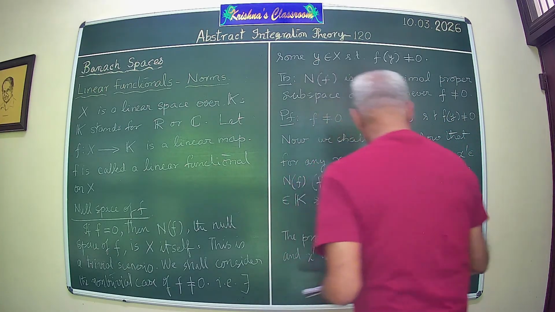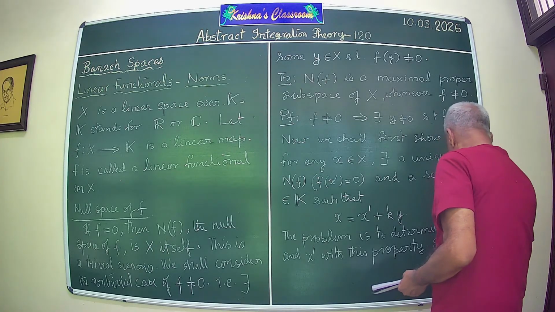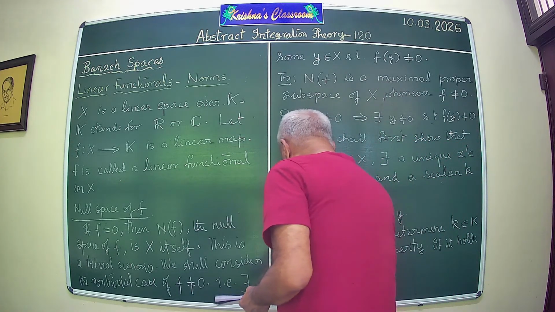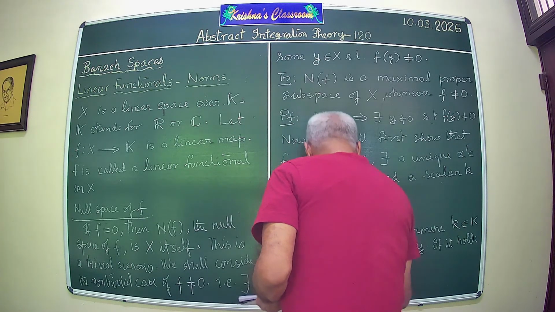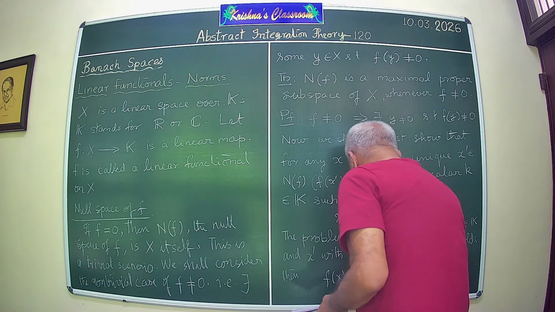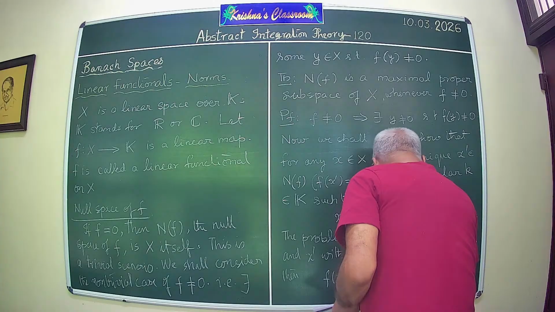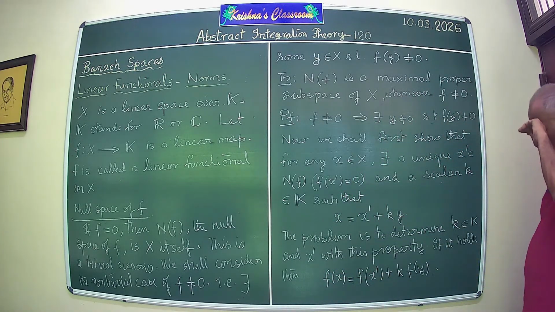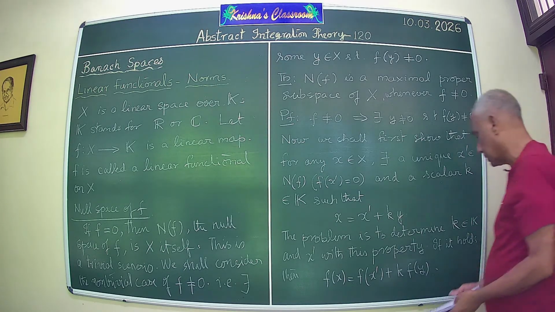Suppose such a decomposition exists, then we should have f(x) equal to f of x prime plus k times y, because f is linear.